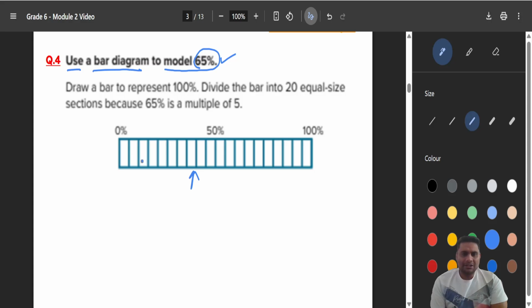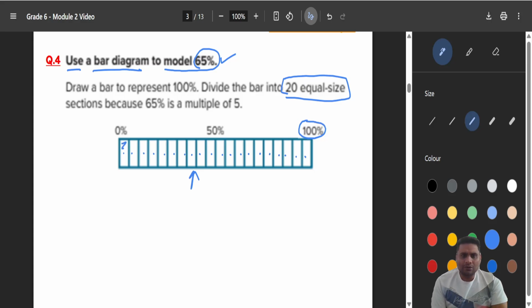First of all, let us count the number of boxes. 1 2 3 4 5 6 7 8 9 10 11 12 13 14 15 16 17 18 19 20. There are 20 boxes. It is written here, right? You can count also. Now these 20 boxes represent 100%, correct?